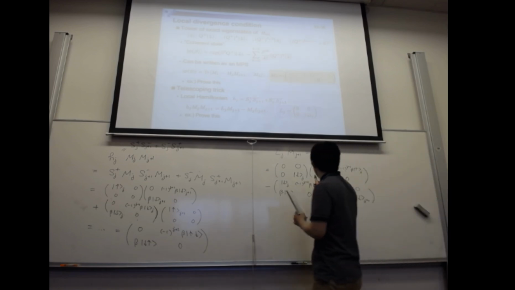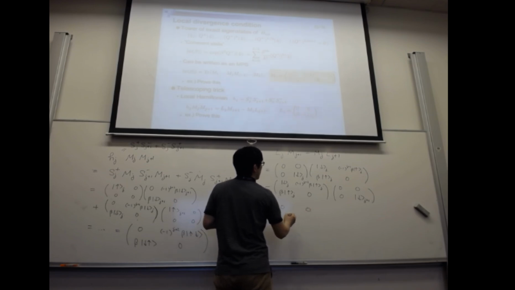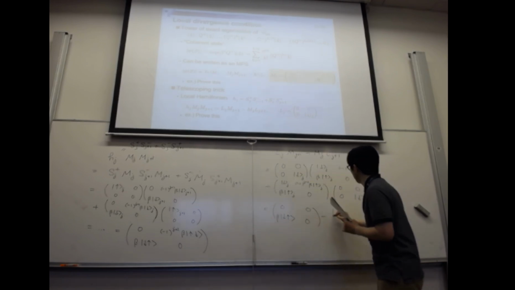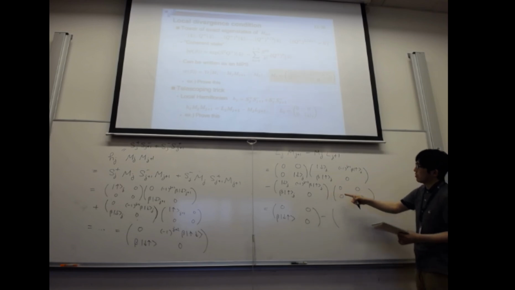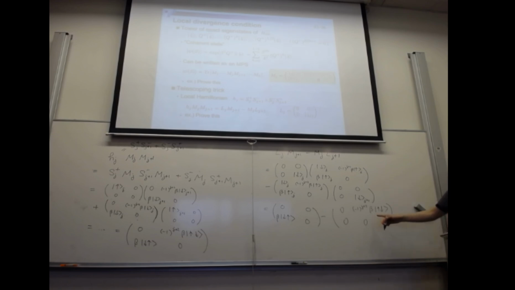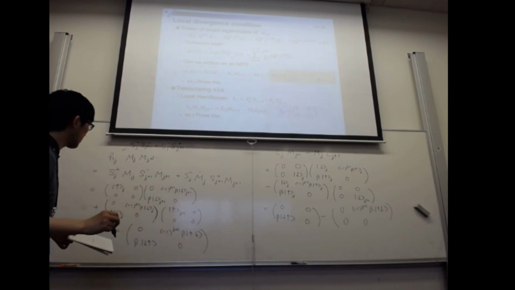So from the first term we get just 0 0, beta down up, 0 minus. From the second one you get 0, minus 1 to the j plus 2 beta up down, 0 0. So yeah, then this is the same as this one, right? It matches up to the sign of the upper right term.